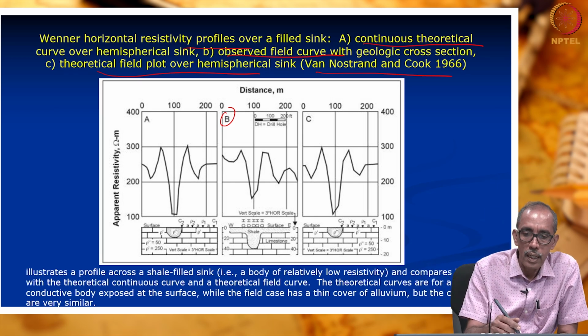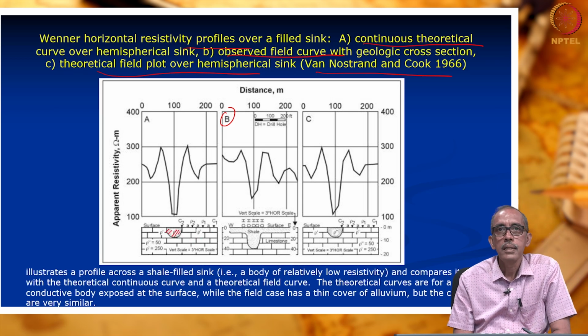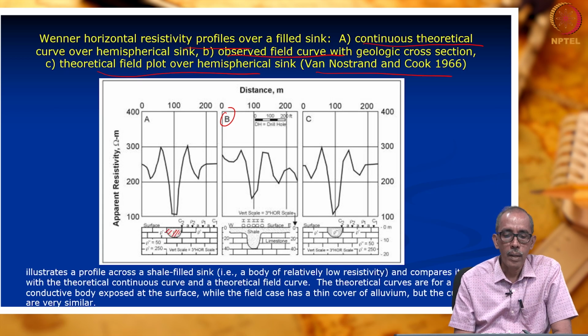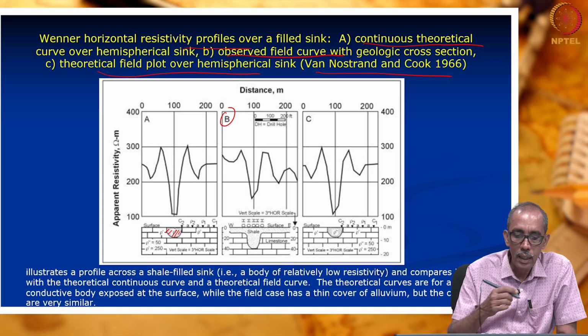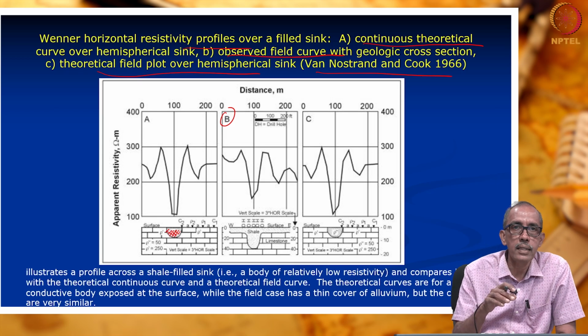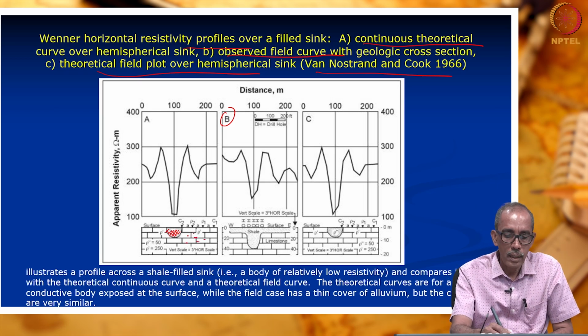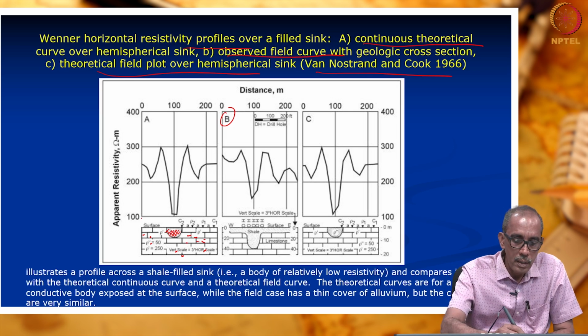Let us take up the first case. In the first case, there is a rock everywhere, and at the center there is a kind of hemispherical sink-like formation present, which is having certain resistivity. The resistivity of this small sink is comparatively lesser than the surrounding rocks, which is very clearly picked out when we conduct the resistivity profiling.